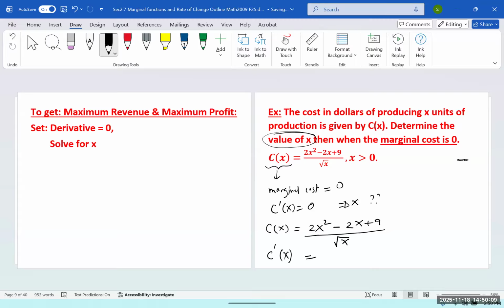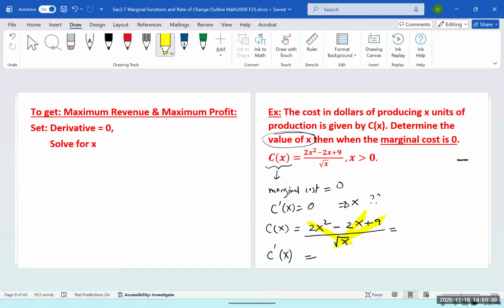Either you can do the quotient rule, because this is a division, or you can use the power rule. If you use the power rule, you can break this down into three pieces: the first term divided by the denominator, the second term divided by the denominator, and the third term divided by the denominator. It's up to you which method you want to use.